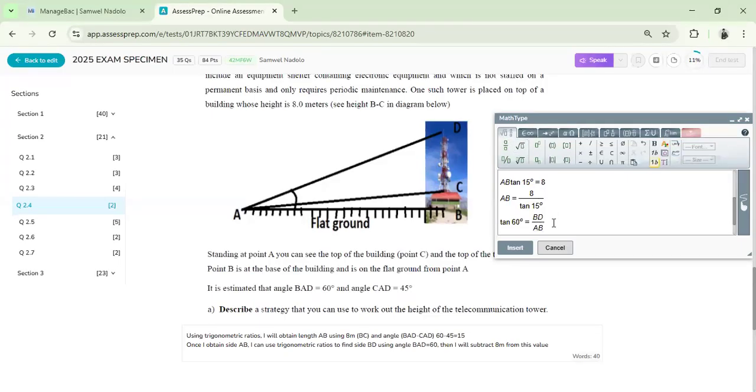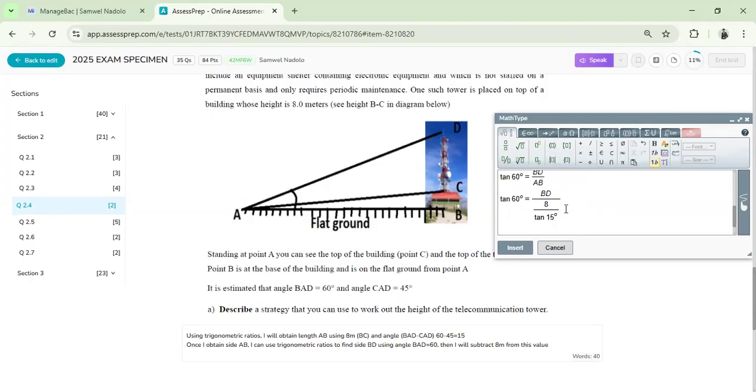All right, so I can copy this and paste it so that I can write what BD is. BD is what we are looking for, but AB, I'm going to write the fraction. AB is 8 divided by tan 15 degrees.